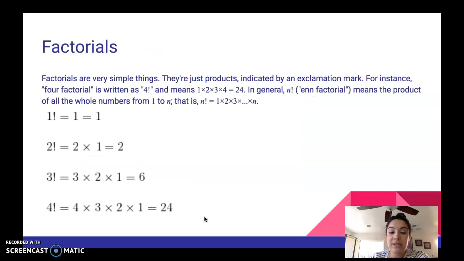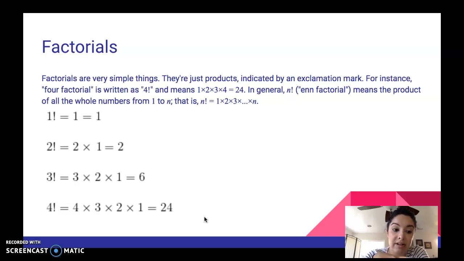So now let's jump into factorials. This is pretty simple. Basically, they're products indicated by an exclamation mark. So if you ever see one with the exclamation mark, that is a factorial. For instance, 4 factorial is 1 times 2 times 3 times 4.